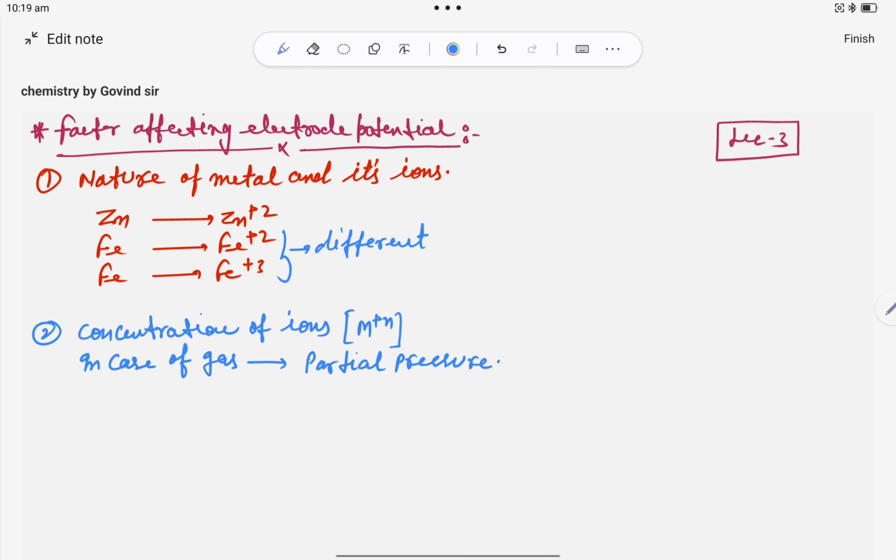It depends upon partial pressure. And number 3, and important, it depends upon temperature.